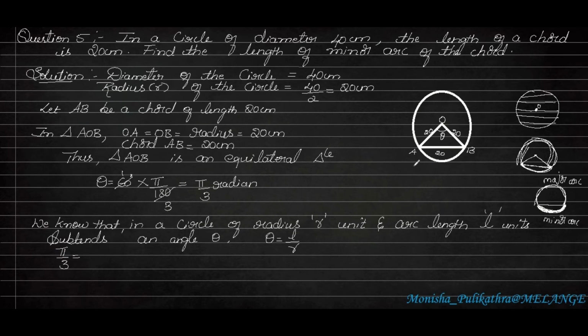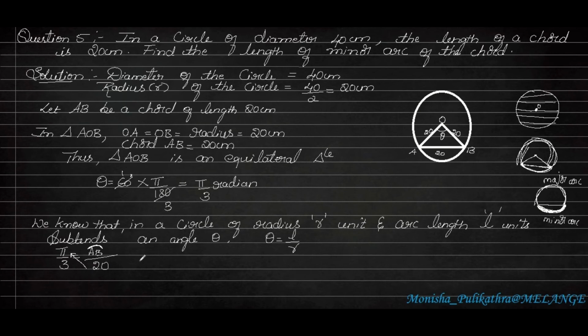So next is L. L is the arc length, which we can write as arc AB, divided by the radius, which is 20, right? What we have to find out is AB. To find arc AB, we shift this 20 by cross multiplication.